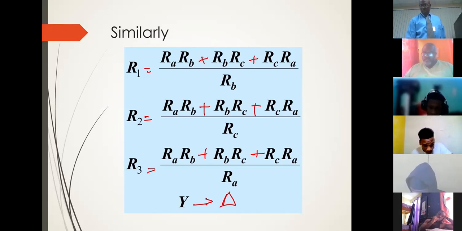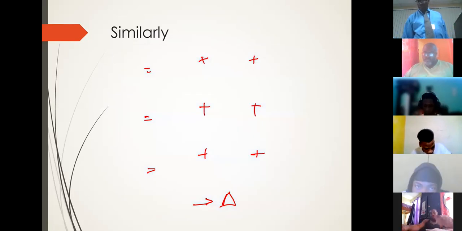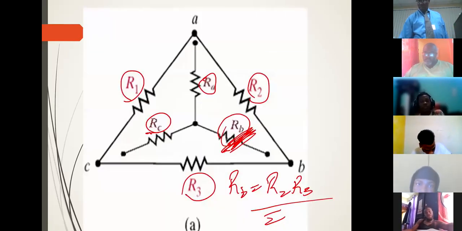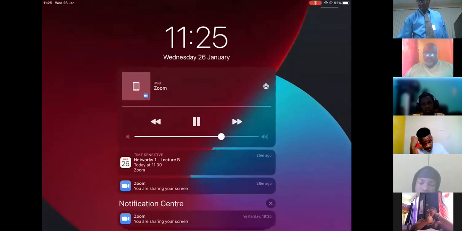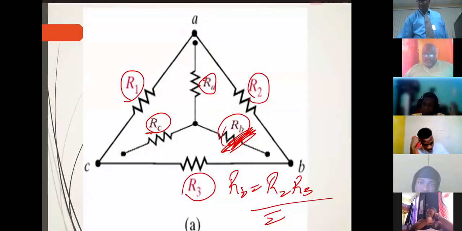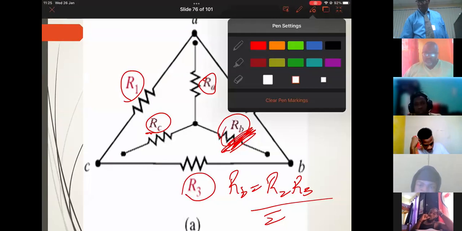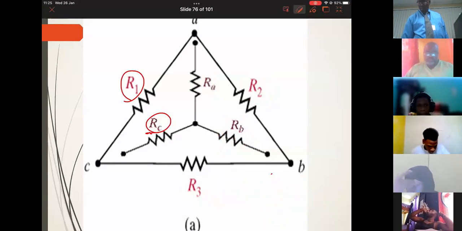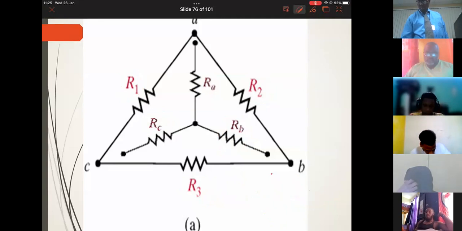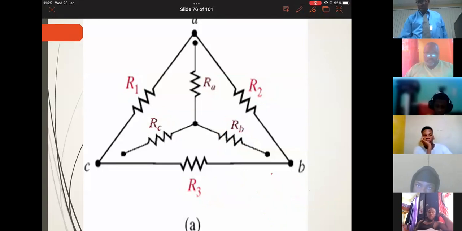Okay, so let's go back to the network. So we now have star and we want delta. So let us say I wanted RC. So RC is what I'm interested in.